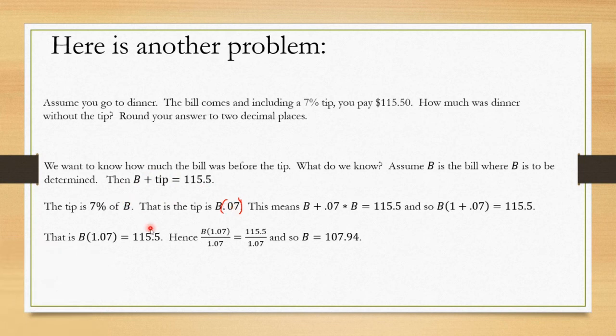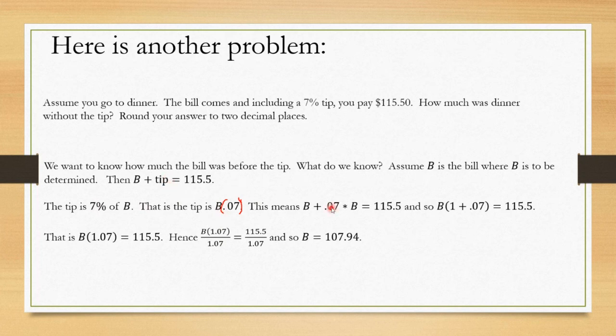It's kind of hard because we don't have that part over whole here, or is over of. We don't know what the tip is, but we know it's 7% of B. So it would be 7% as a decimal times B. That's probably confusing, I hope it isn't, but that's what the tip is.